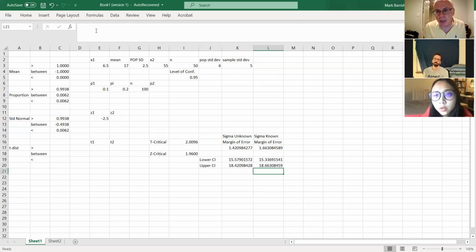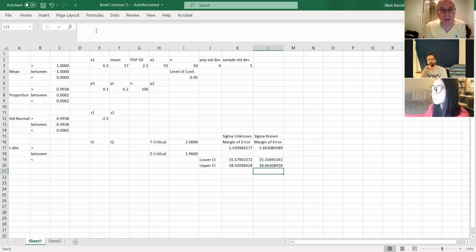I would recommend you learn it this way first, before you have to worry about being speedy with it, so that you understand what we're doing. We're simply taking our mean and adding and subtracting this thing called the margin of error, and the margin of error is a critical value times a standard error.